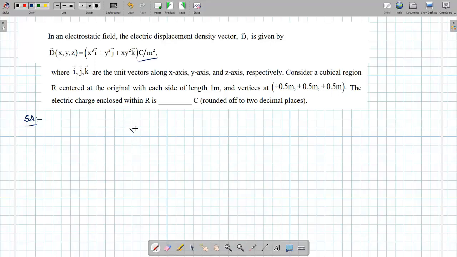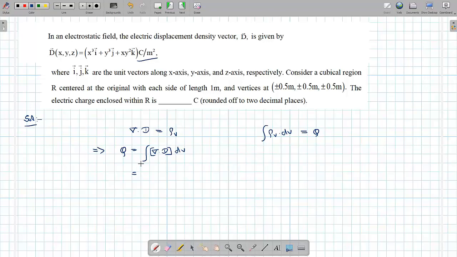We know that del dot D is going to be rho v, and if I integrate rho v over volume, I'm going to get the total charge enclosed. This implies total charge enclosed Q is equal to the integral of del dot D dV. So this is the expression.